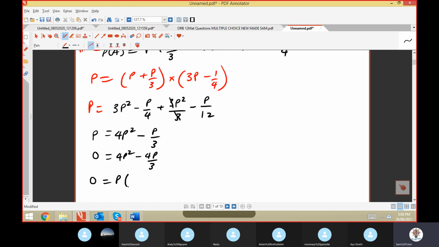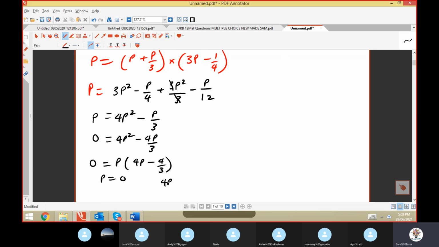Factorize. So P equals 0, which doesn't make sense, or 4P equals 4 over 3, which means P equals 4 over 12, which is 1 over 3. That should be the answer.